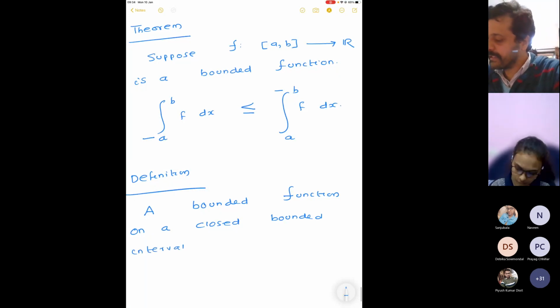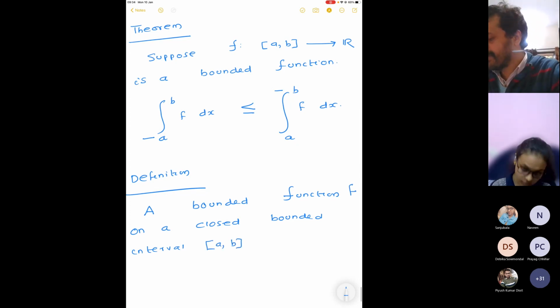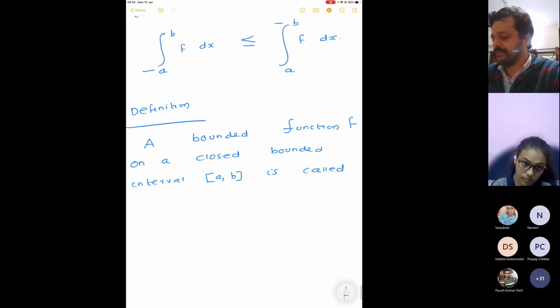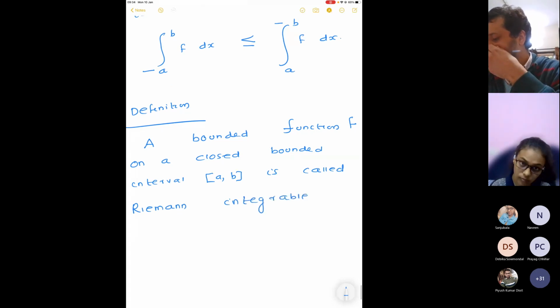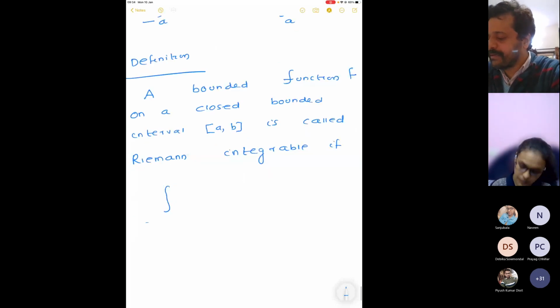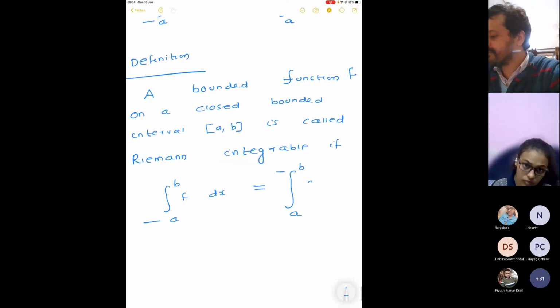A bounded function f on a closed bounded interval [a, b] is called Riemann integrable if the lower Riemann integral of f dx coincides with the upper Riemann integral of f dx.